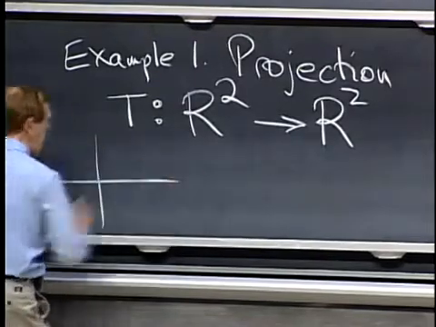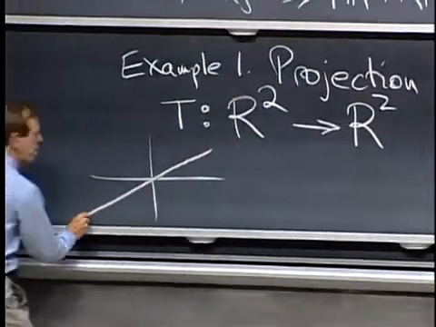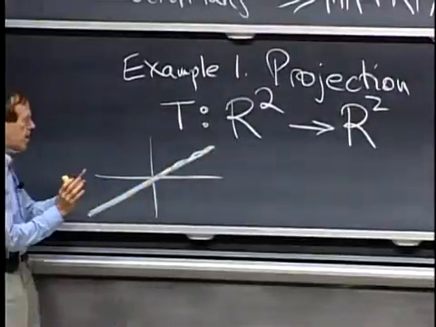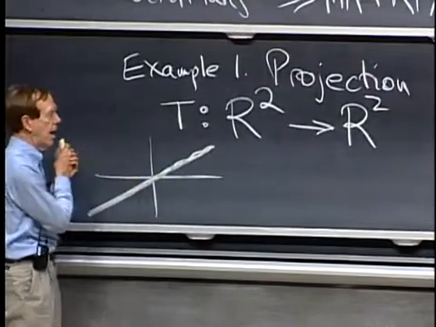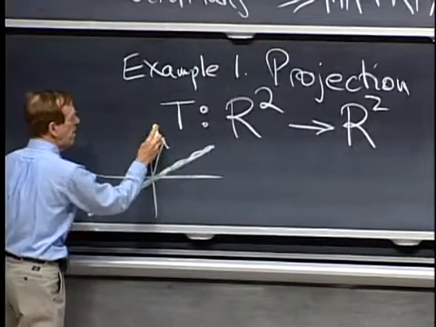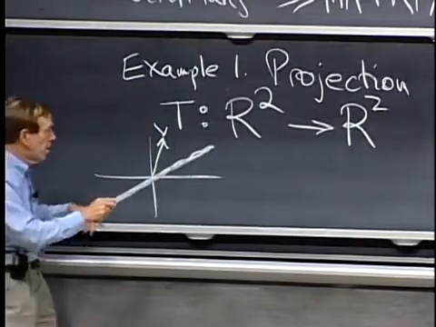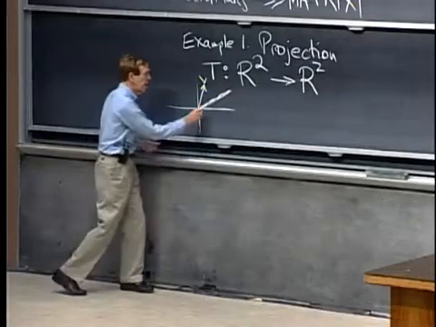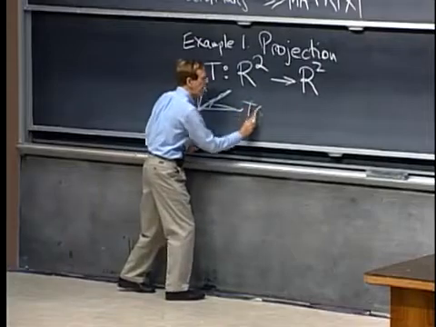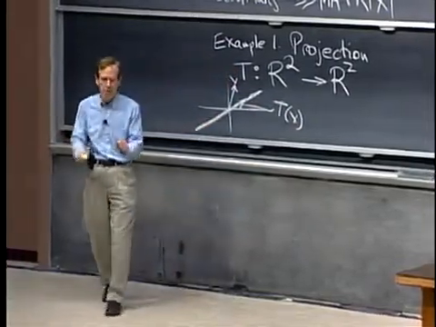So here's the plane. This is going to be my line, and I'm going to project every vector onto that line. So if I take a vector, let me call it V for the moment, the projection, the linear transformation, is going to produce this vector as T of V. So T is exactly like a function.